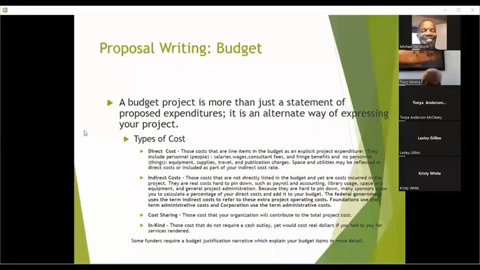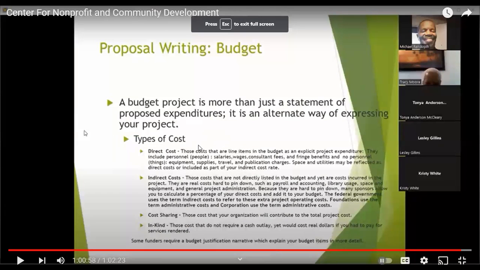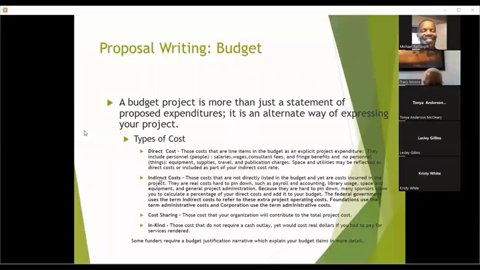But there are different parts of a budget. One part of a budget is called the direct costs. These costs are items in the budget as an explicit project expenditure. They can be, for example, salary, wages, consultant fees, fringe benefits, etc. Indirect costs, which is the second type of cost, is known as overhead, for example, or administrative costs.